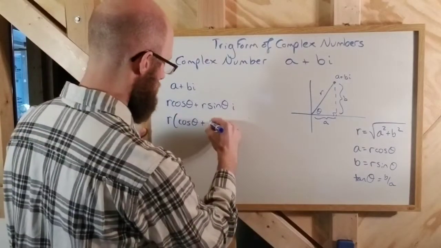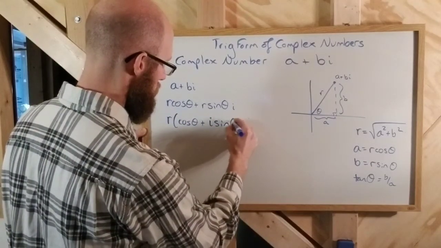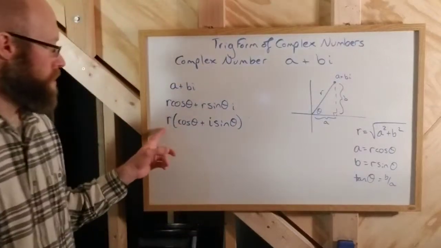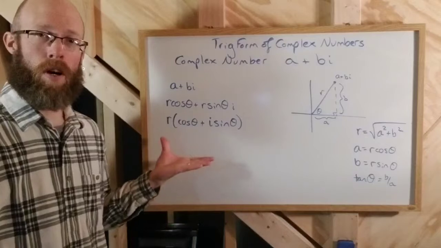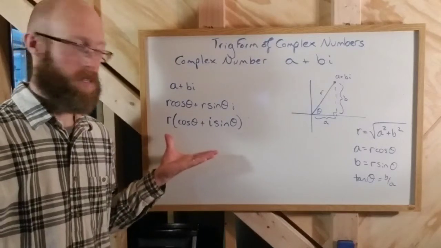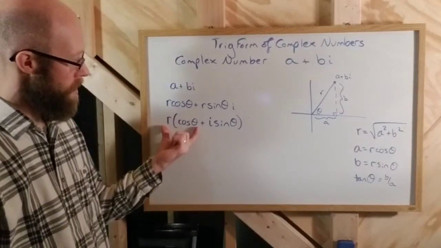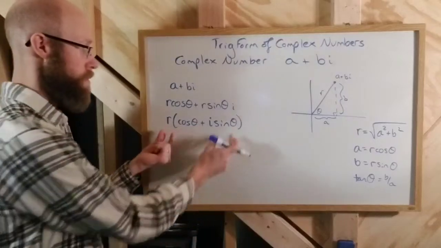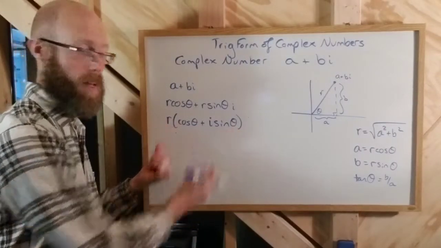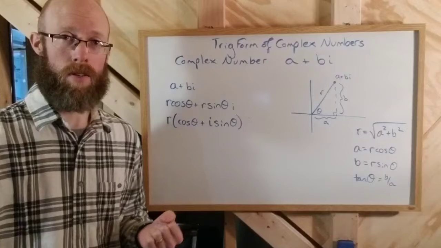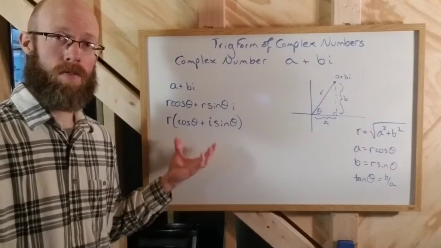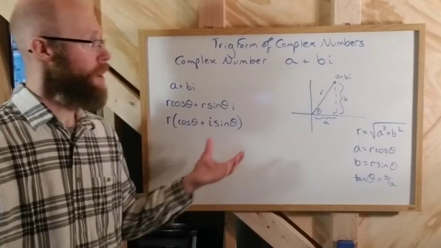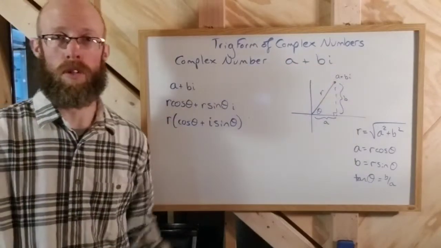So I'm going to call that i sine theta. So it's r times cos theta plus i sine theta. Okay? This is what we call the trig form of a complex number. You still have your real part, the r cos theta. You still have your imaginary part, which is the r sine theta, and your i is in there as well. But now we're using trig functions to define a complex number rather than just two real numbers.